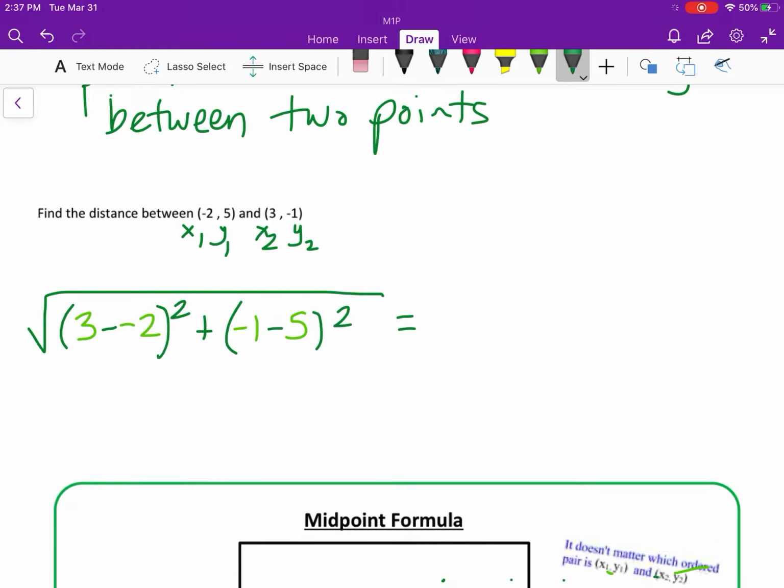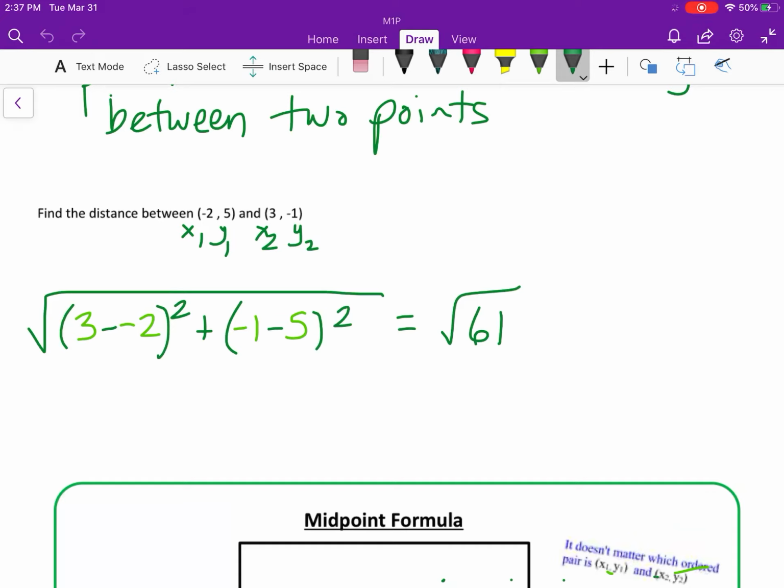And you can put that right in the calculator. Okay, it will go right in the calculator. We'll end up with the square root of 25 plus 36, which is the square root of 61.